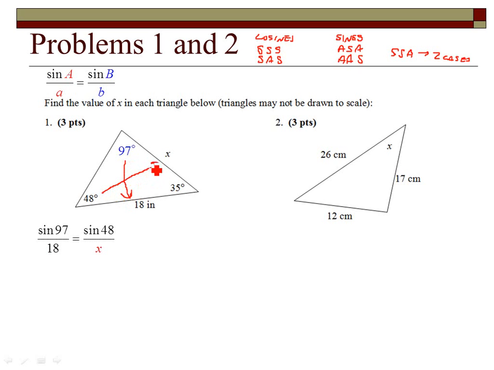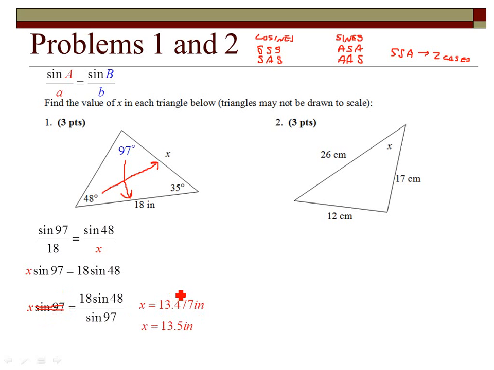We cross multiply and divide both sides by sine of 97, so it should be just x equals, and we end up getting x is equal to 13.477 inches. I will typically leave answers to 3 decimal places, but I said make sure they're accurate to 1 decimal. So if you rewrote it as 13.5, that is correct.